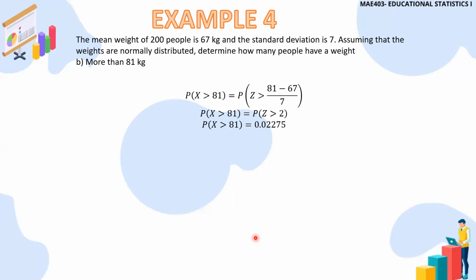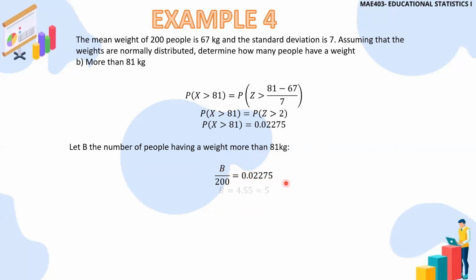So in order to find how many people weigh more than 81, I let B be the number of people weighing more than 81. So B divided by the total sample of 200 is equal to the probability of people weighing more than 81, which is 0.02275. So B is 4.55, approximately 5 people that weigh more than 81 kg.